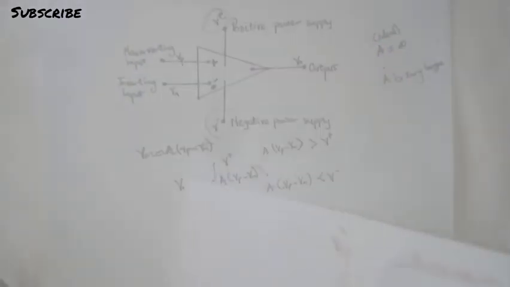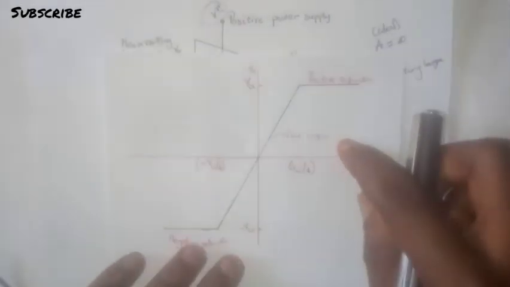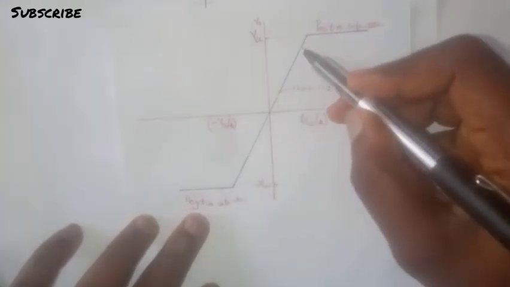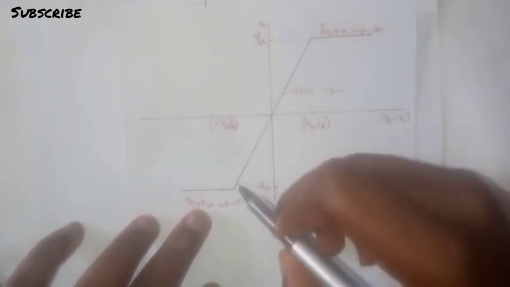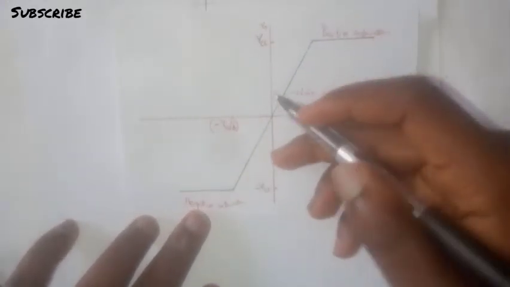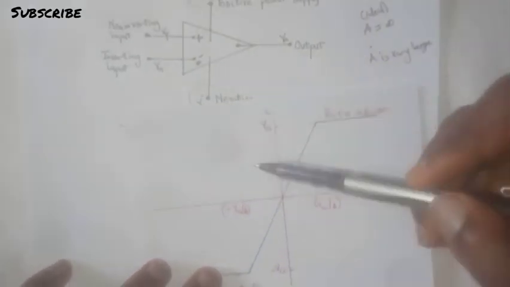Now, this is a graph that explains the behavior of the output voltage of an operational amplifier. And you see we have this line here that symbolizes the linear region. That is where the output voltage of the amplifier is directly proportional to the difference between the inputs.